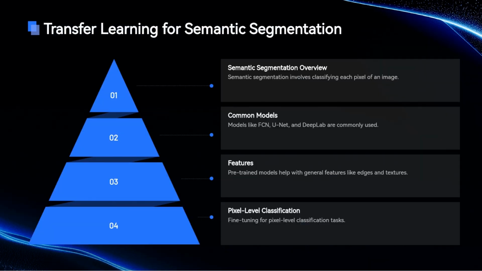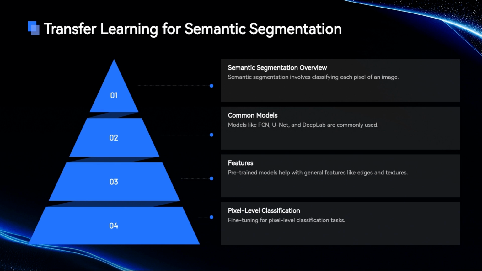Semantic segmentation is a task where each pixel in an image is classified into a category. Models like fully convolutional networks, FCN, UNet, and DeepLab are widely used for segmentation tasks. These models typically begin with a pre-trained CNN, such as ResNet, to leverage the learned features from large datasets.